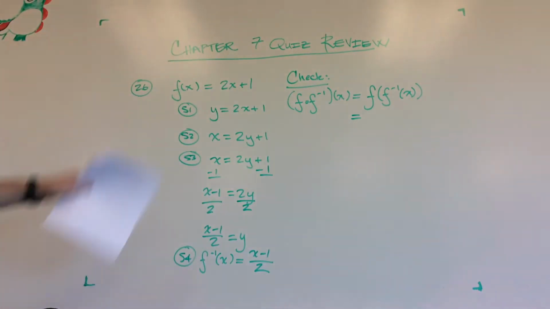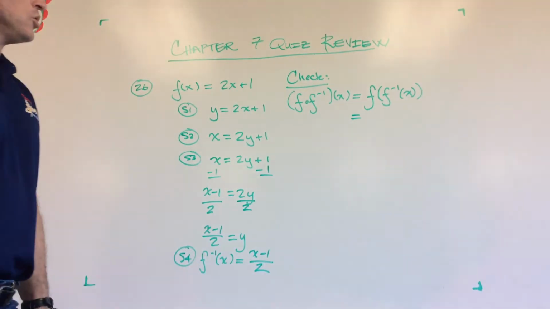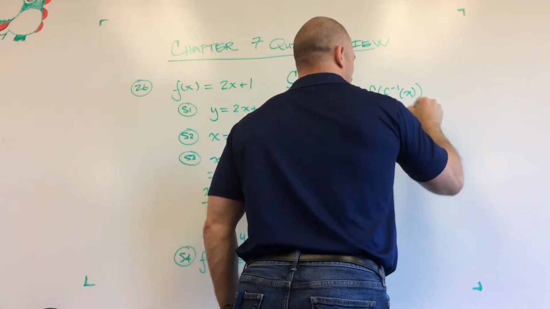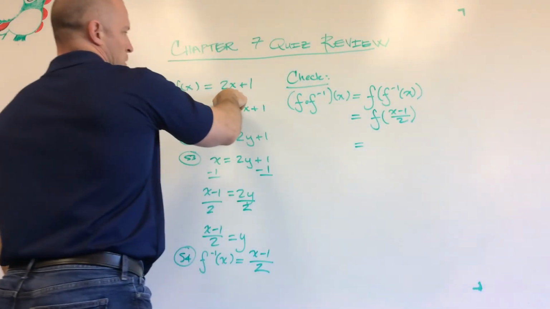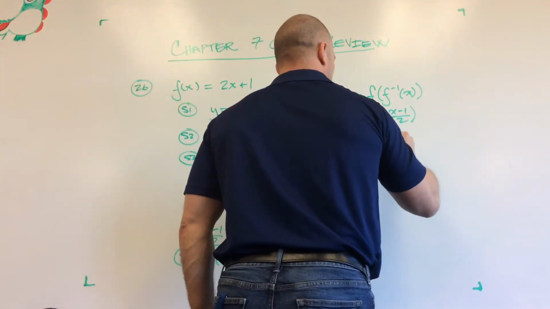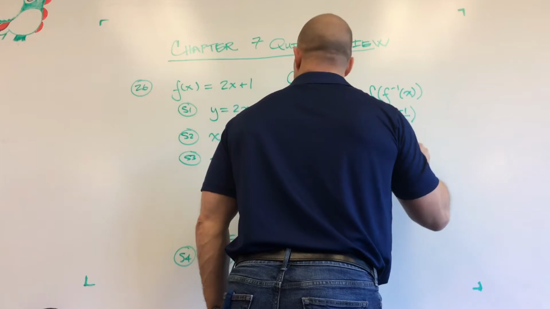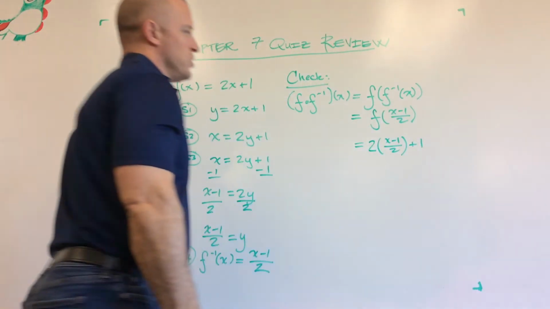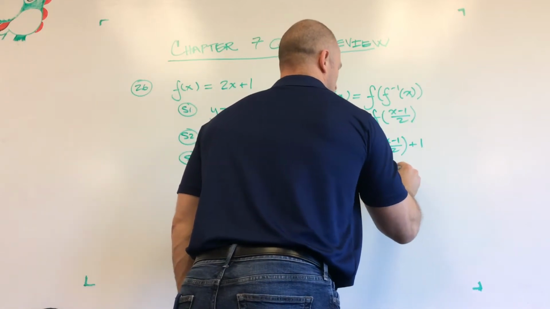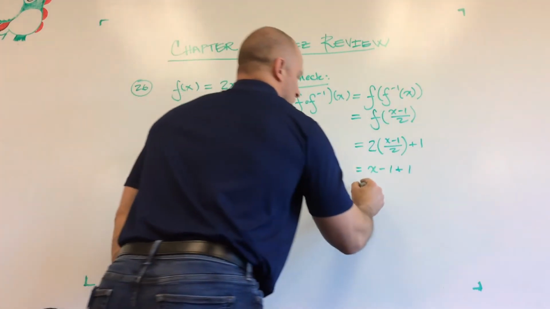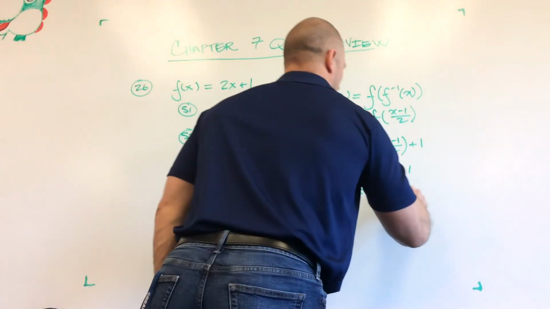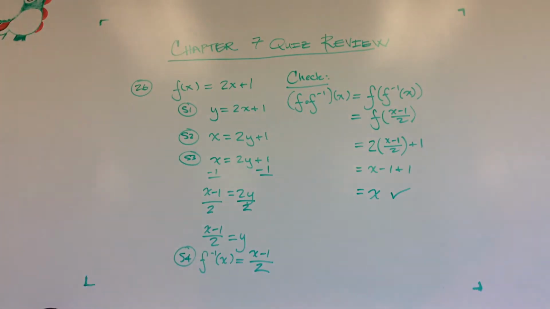That's the same thing as saying x minus 1 over 2 will go in for the input for f. Now we apply f where this goes in and replaces x. As we do that multiplication, we see these 2's are going to cancel, leaving us with x minus 1 plus 1, giving a final answer of x. And that is a valid check that we have calculated the correct inverse.